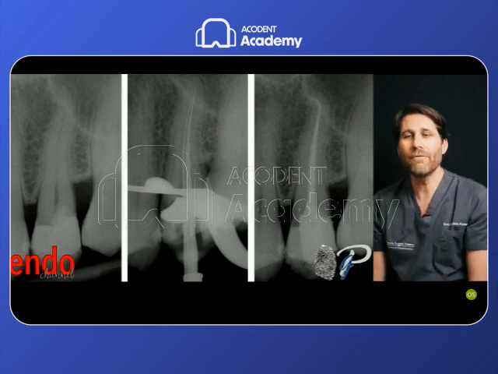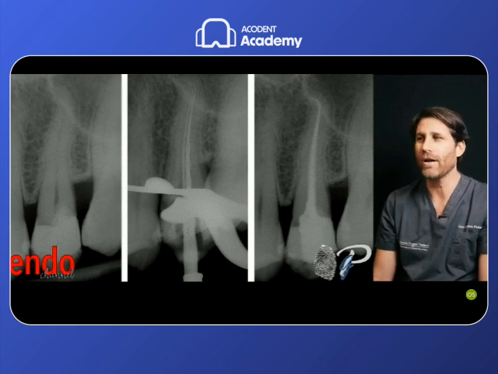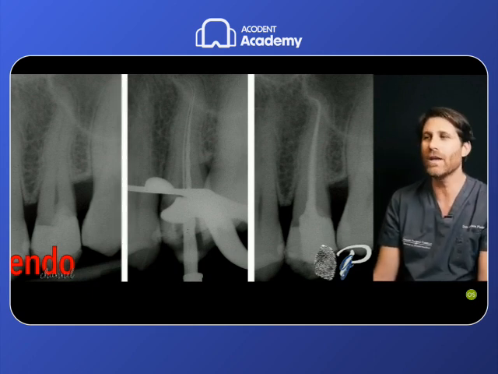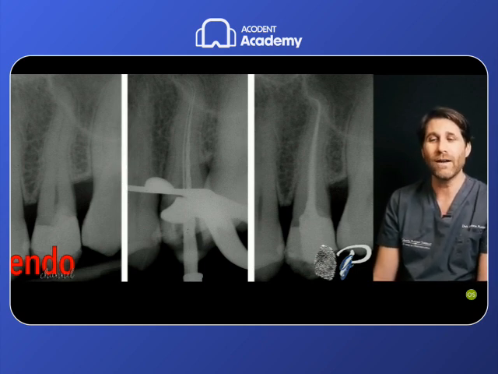This is a deformation of the internal anatomy made on purpose to regularize the trajectory and permit our files to reach the apex. It was done because of the limitation of the rigid stainless steel files that we have to use to perform this.